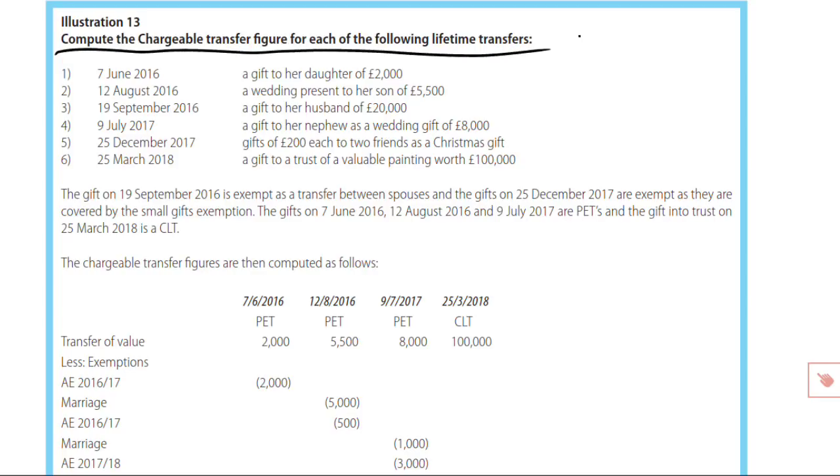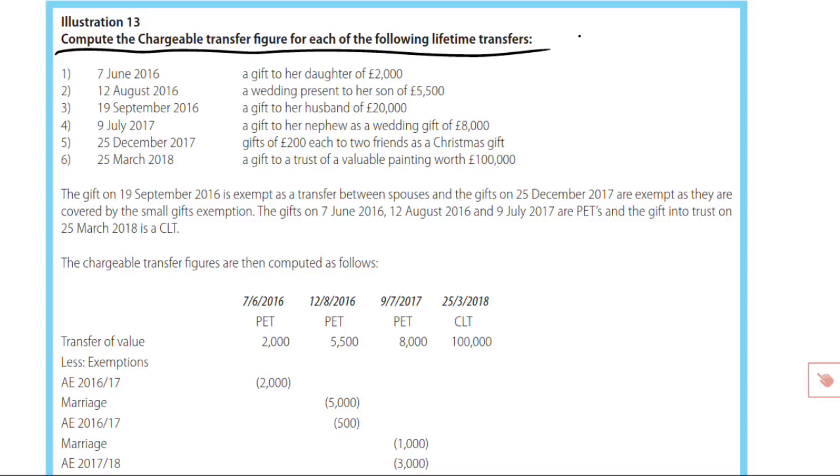Now again, in terms of any Section B IHT question, we may get a building exercise where we need to compute chargeable transfer figures for one, two, maybe three different transfers. We then have to move on and establish, maybe for a CLT, any lifetime tax that may be payable in relation to the CLT.